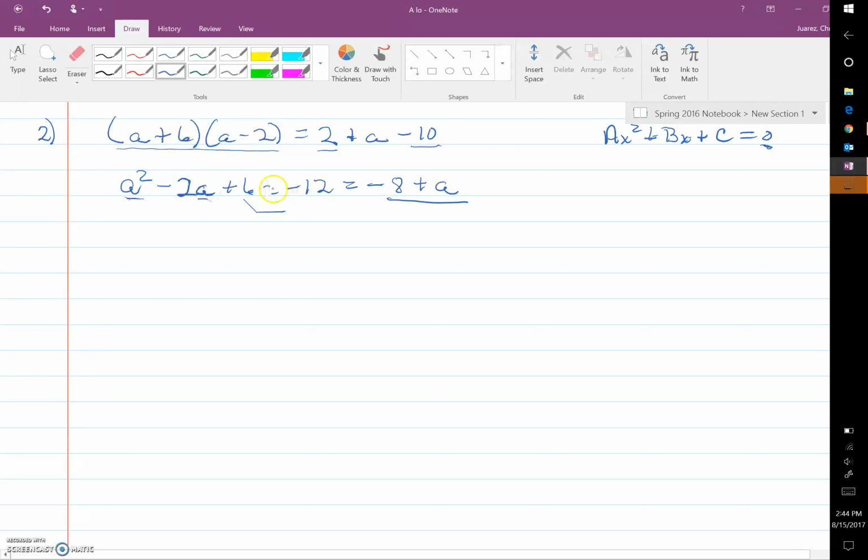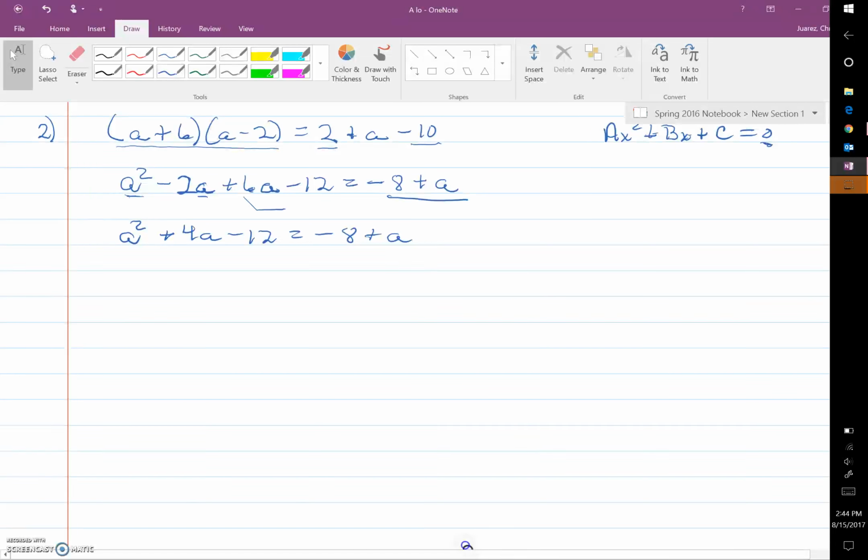2a, 6a. I'm going to combine those two terms because they are like terms. That gives me plus 4a minus 12, just because it makes solving an equation easier if all my like terms are combined on each side separately.